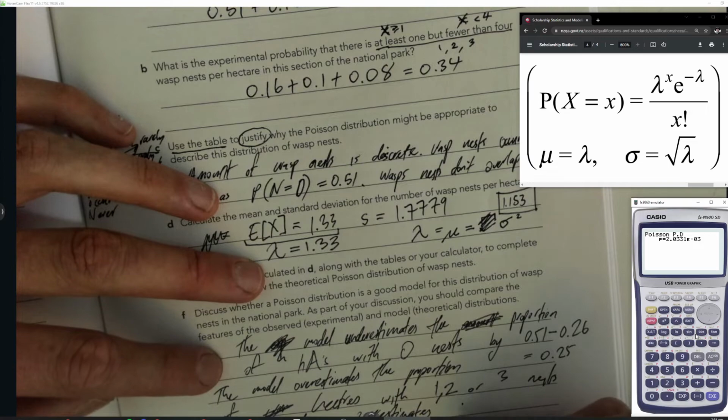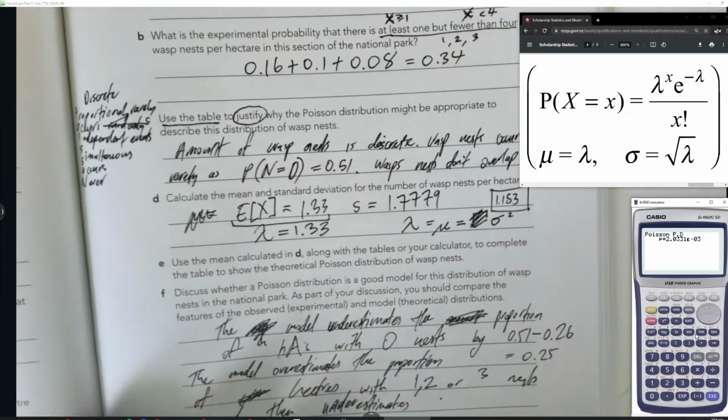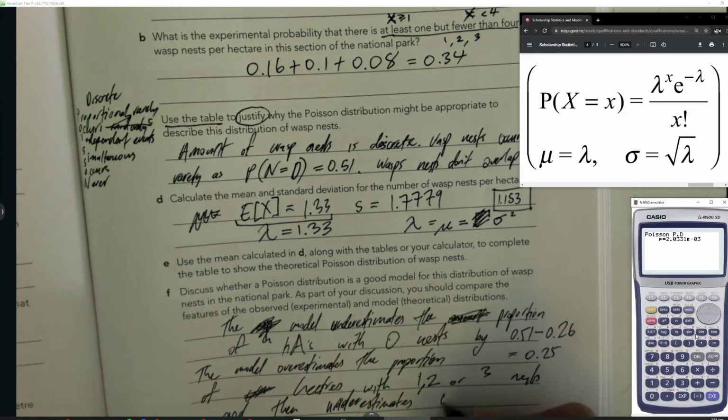No, let's just say, no it doesn't, it underestimates. Dang it. Underestimates 4, 5 and 6.